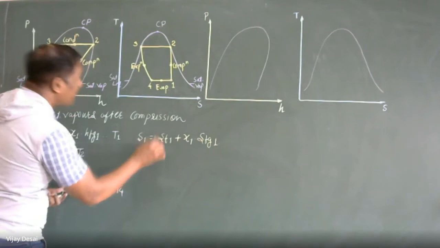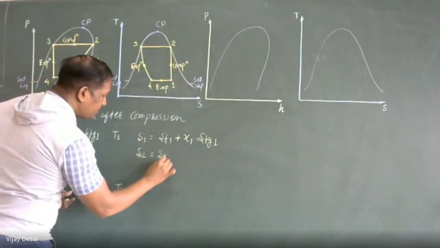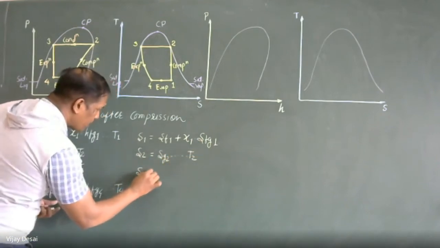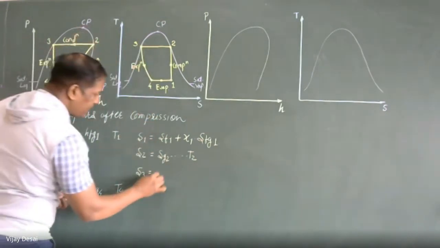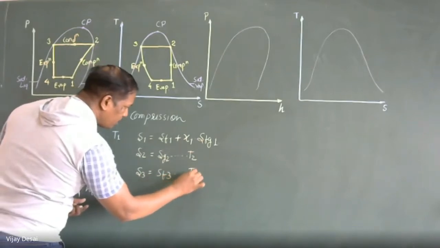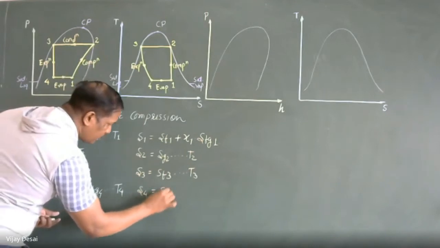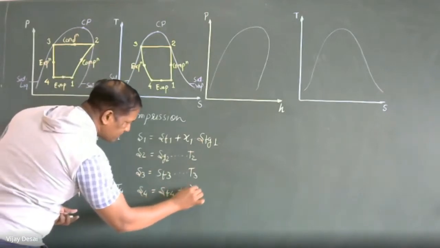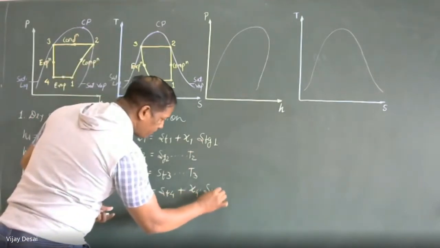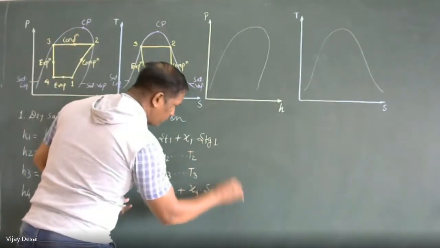S2, entropy at point 2, lies on dry saturated vapor, so S2 will be SG2, calculated at T2 temperature. S3, dry saturated liquid line, so it will be SF3, calculated at T3 temperature. And S4 will be SF4 plus dryness fraction at point 4 into SFG4, and this will be calculated at temperature T4.